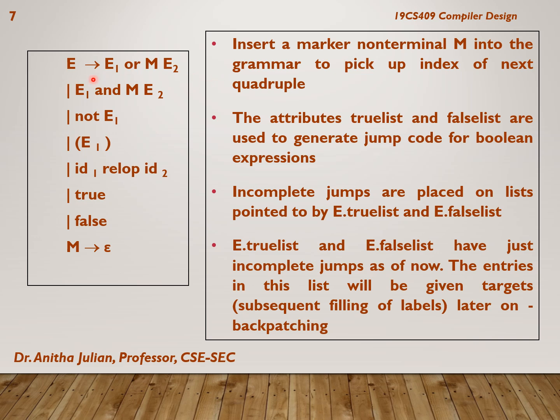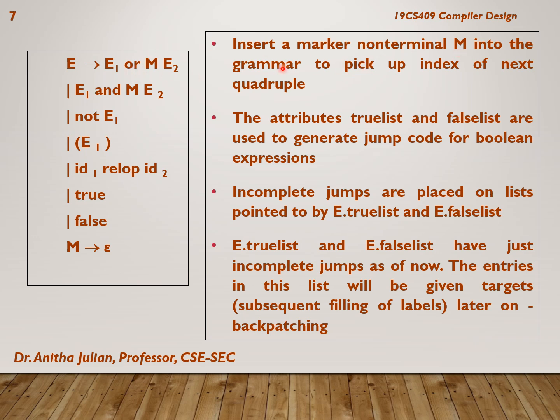So we need to calculate E1 or E2, E1 and E2 and so on. We are introducing one new non-terminal M, but it is not going to alter the expression or the production because it is a null production. So this is nothing but a marker.